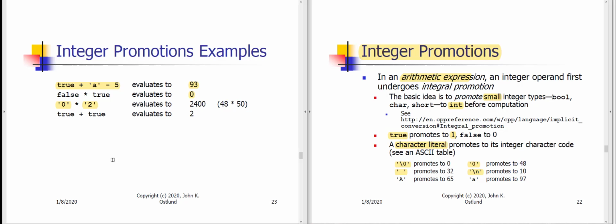Character 2 is 2 characters later. It has an integer value of 50. And the product of character 0 times character 2 is treated as the int 48 times the int 50, and that's 2040. True plus true is not true. True plus true is treated as 1 plus 1 is equal to 2.